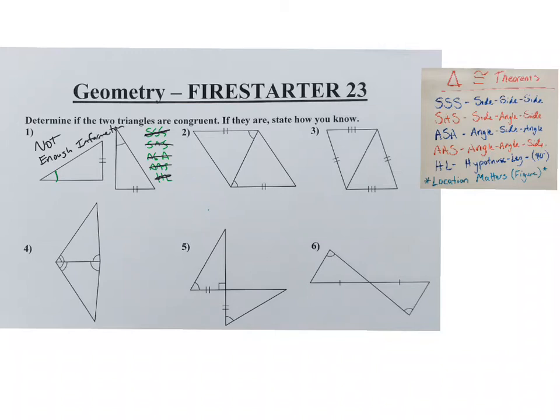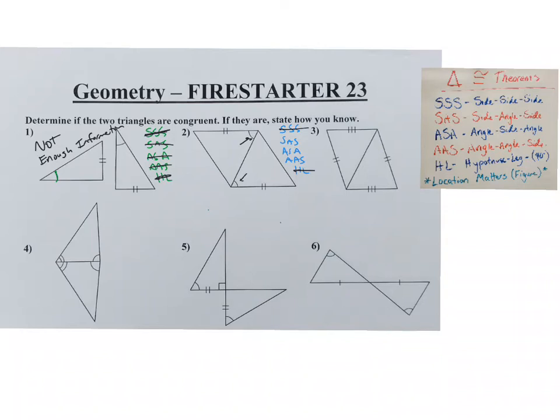Now look at 2. Once again, like I said, if you're struggling, the first thing you should do is write out all 5 possibilities. And then look at the picture. Okay, do you see a 90-degree angle? No, it's probably not hypotenuse leg. I see one angle congruent to another angle, so there's no way it's side, side, side. I don't see any other angle statements.